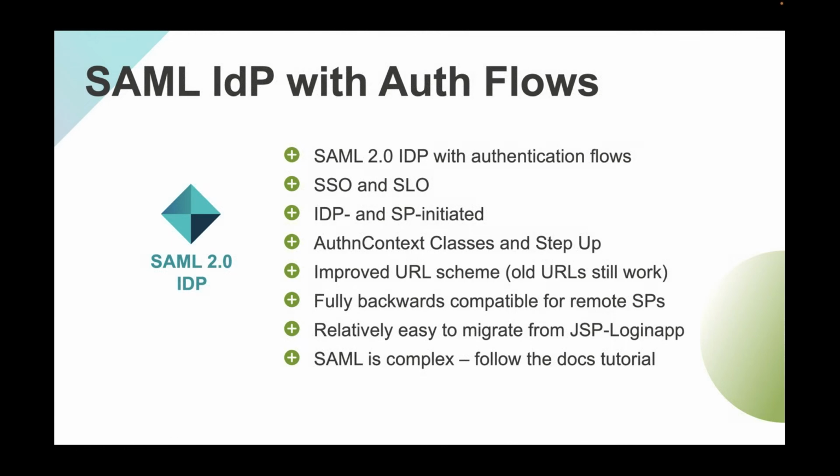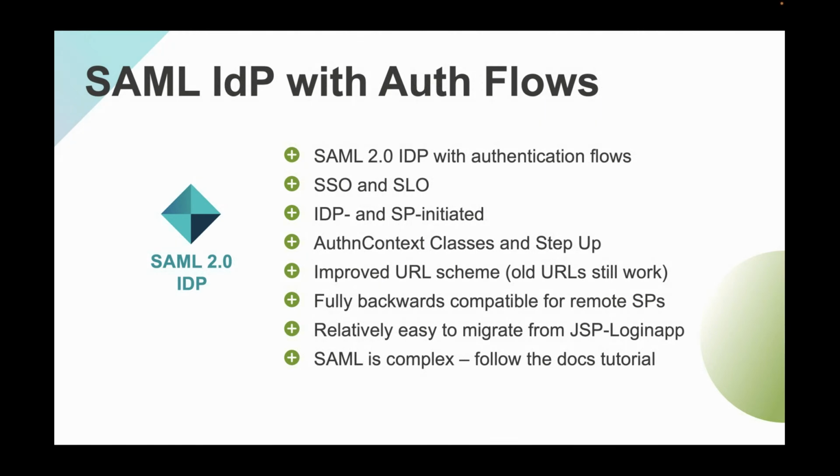Auth and context classes can be used, for example, for step-up. That's a little bit more flexible than before. We also, as Mike said, in the OAuth implementation, improved the URL scheme, so URLs are a bit more logical than before.